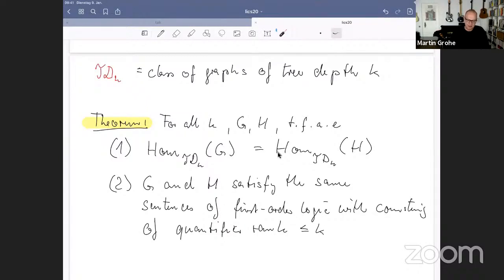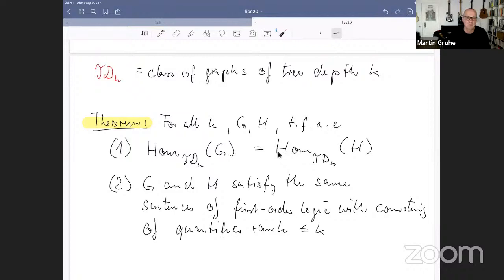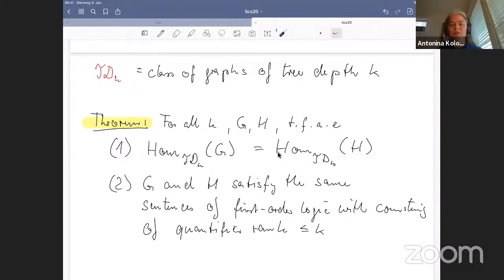So this is quite fascinating. These homomorphism counts seem to reflect natural properties of graphs, and yeah, my result is one of the results that we have in this line of research. So if you have questions, please ask. Yeah, questions, comments?